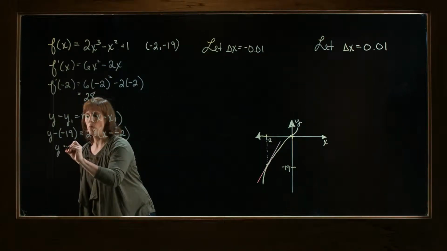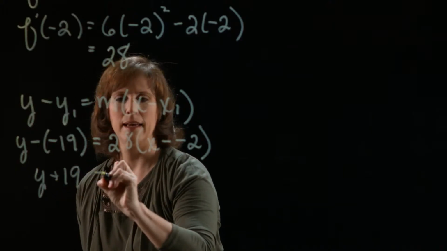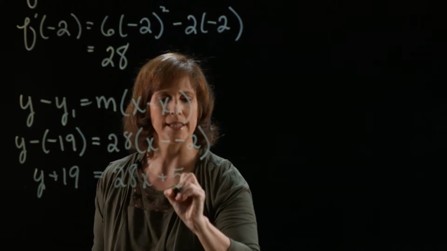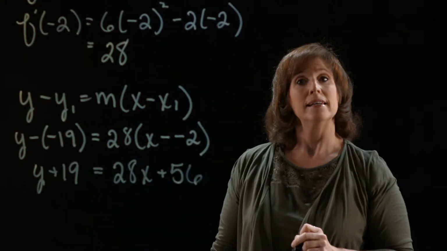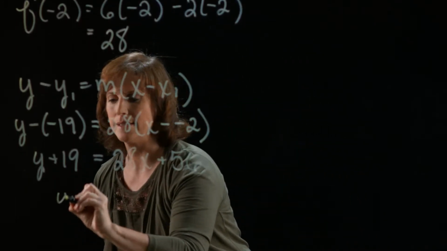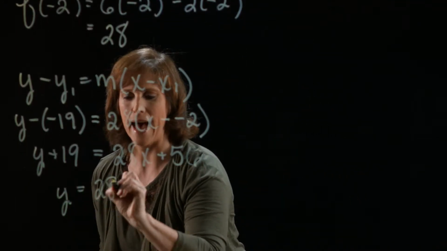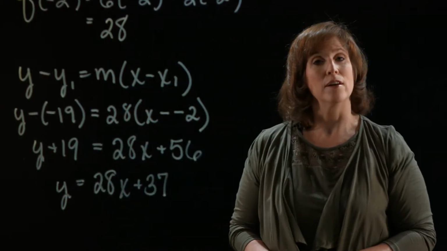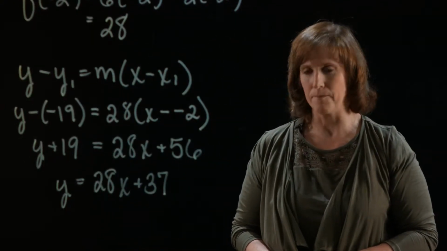This gives me y plus 19 equals 28x plus 56. Subtracting 19 from both sides, I have 28x plus 37 for the equation of my tangent line.